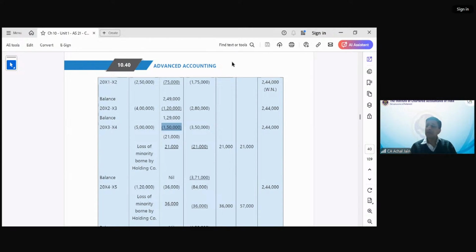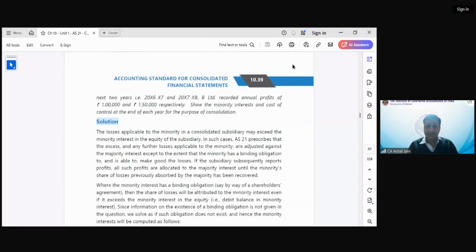Larry says no. Now, in this case, the excess which minority has not been able to absorb, what will you do? To this, the standard says, now please read this line.